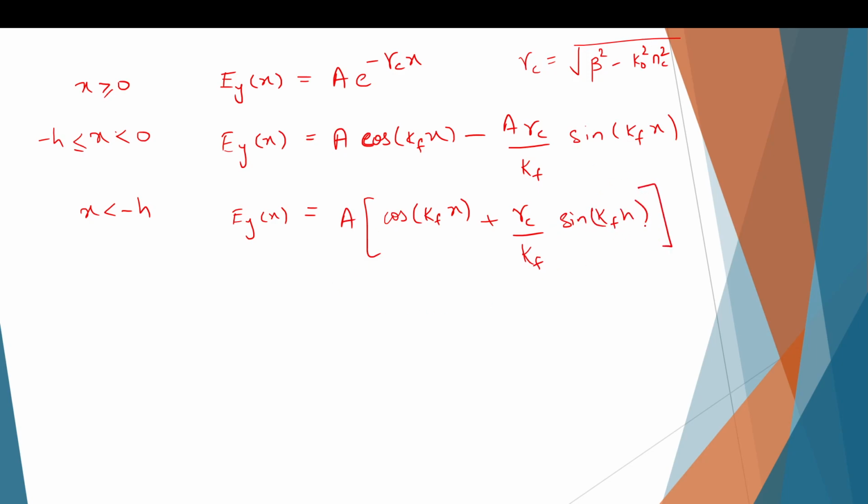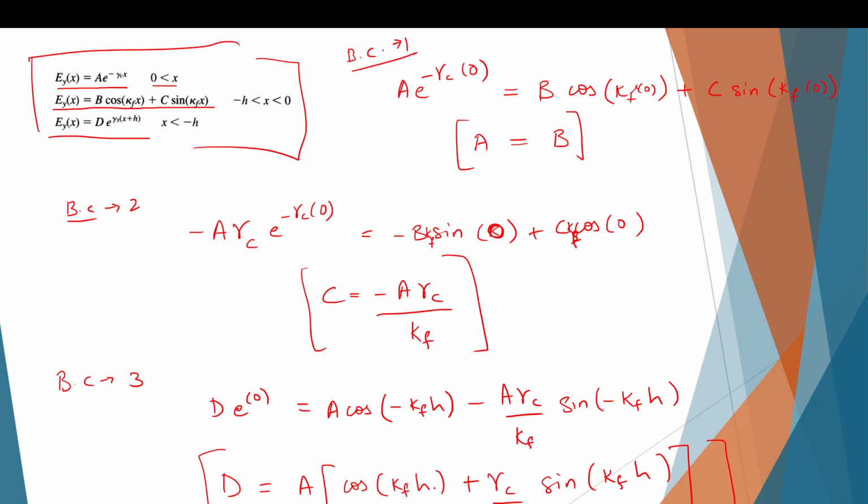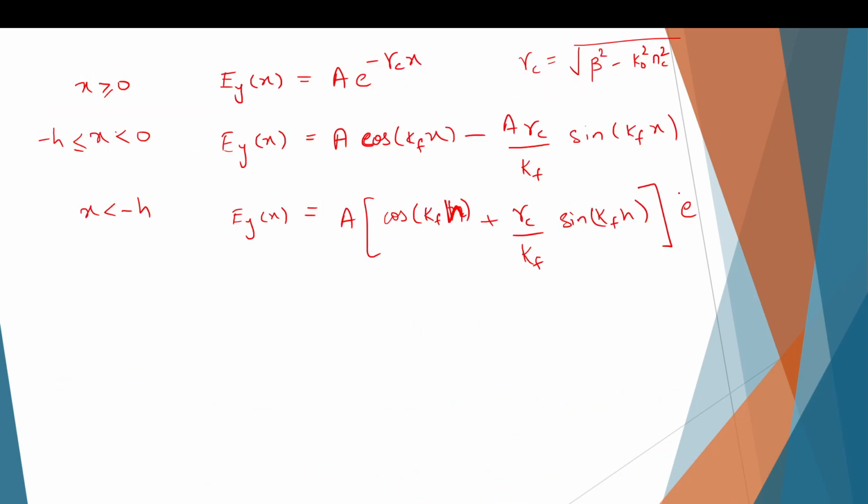So this is d, and d into e power. So sorry, this won't be x, this is h. If I write this as x, then it will again be an oscillatory solution. That's not the case. We had found it here, right? This was h. I by mistake wrote it as x.